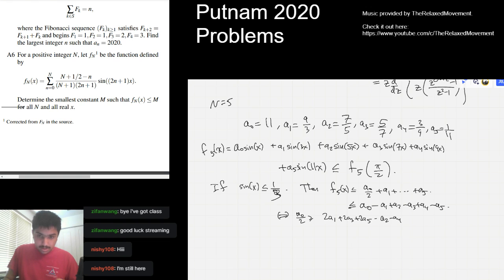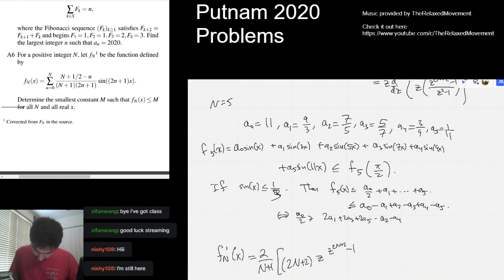So what we end up getting, I'll write it down here, is that fn prime of x equals 2 over n plus 1 times two n plus 2 z, and then minus simply z.